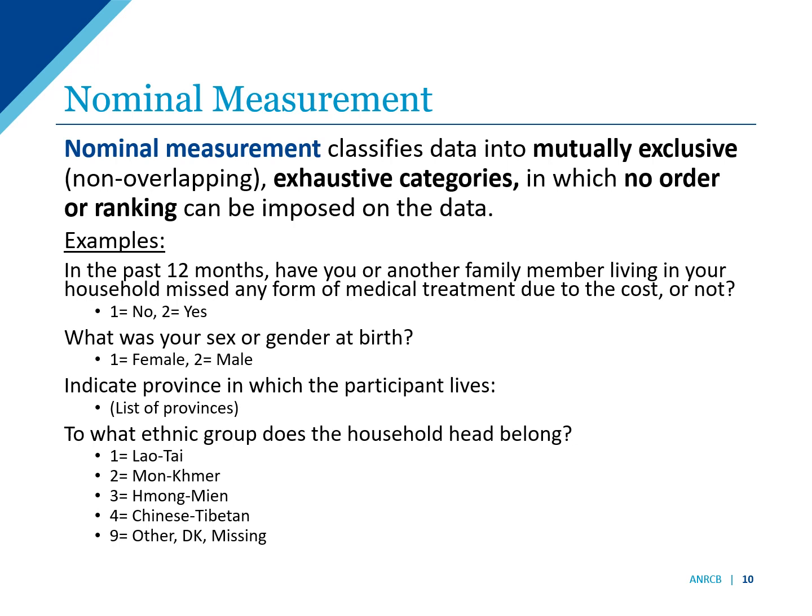A few examples here again are, in the past 12 months, have you or another family member living in your household missed any form of medical treatment due to the cost or not? With response options are dichotomous yes and no responses. Sex at birth also has dichotomous response options. And a question about province would theoretically provide a list of provinces to choose from.